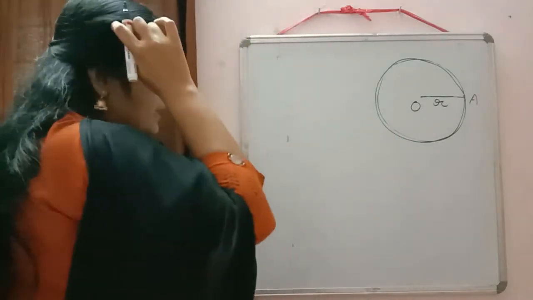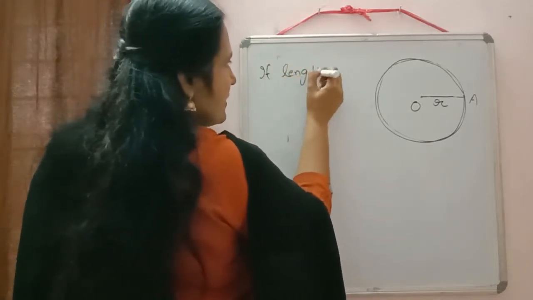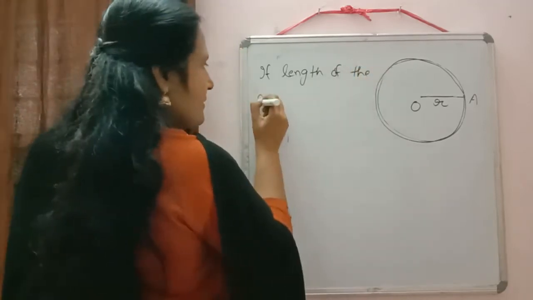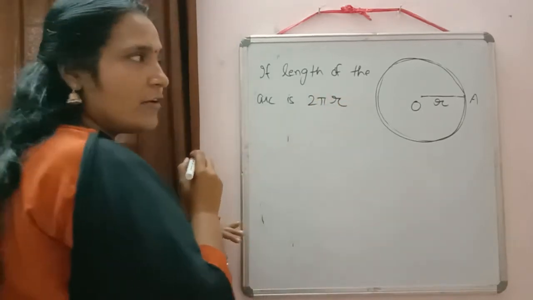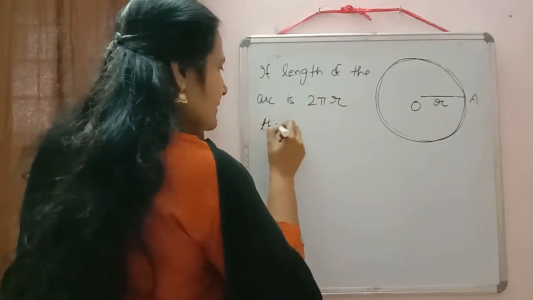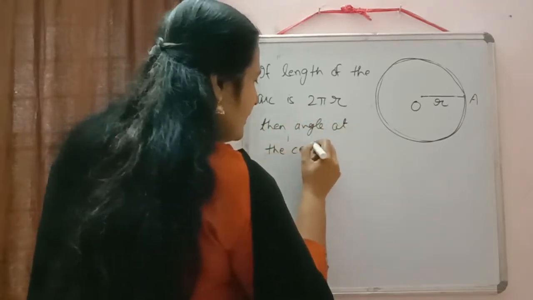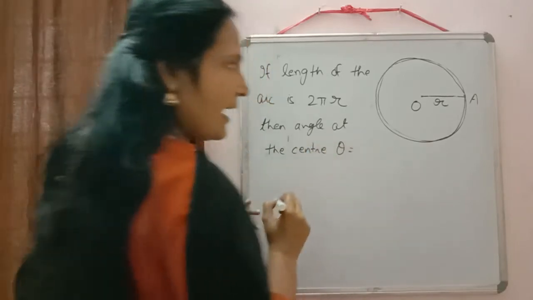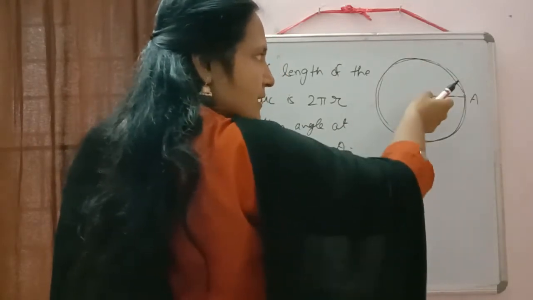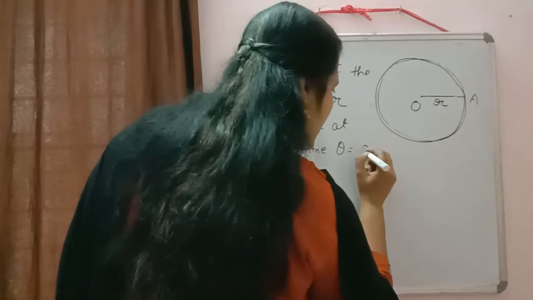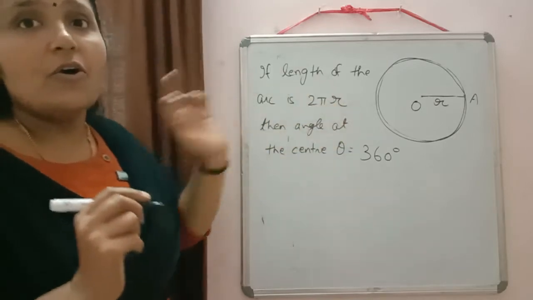So just write down there, if length of the arc is 2 pi r, then angle at the center, theta I am taking, angle at the center theta is equal to, if the length is equal to 2 pi r means we are moving full length. So that will be equal to 360 degree when length of the arc is 2 pi r.